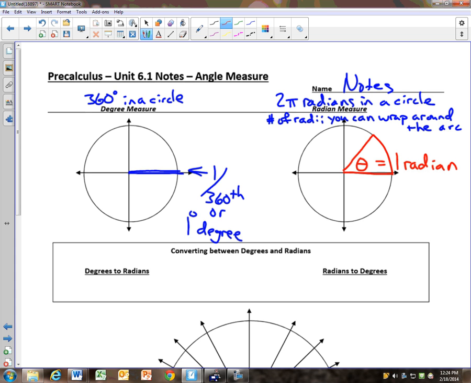I just drew a really small spot, right? This is approximately 1 radian. What I did is I drew this length until I had covered about the same amount as a radius. So I look at this length right here, and I kind of draw till I get to that spot. So if I draw another one, we did this the other day, that might be a 2nd radian. I draw another one.